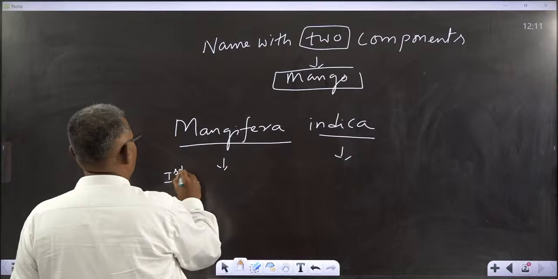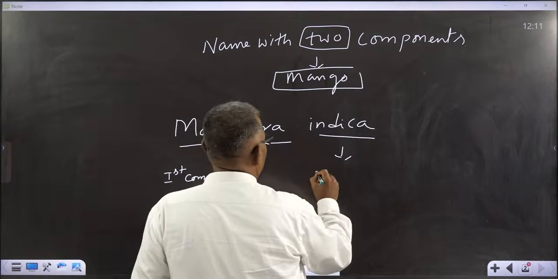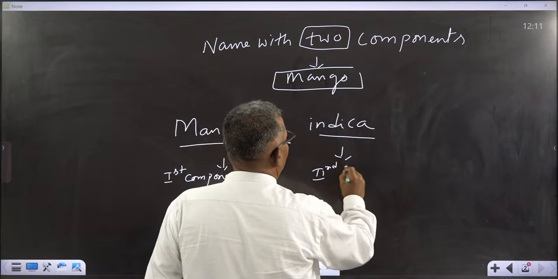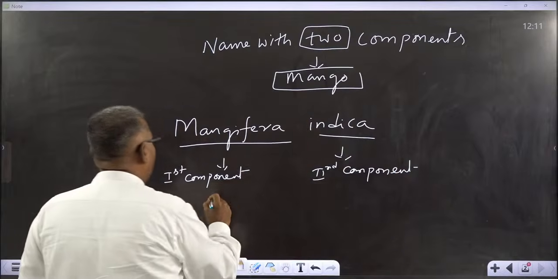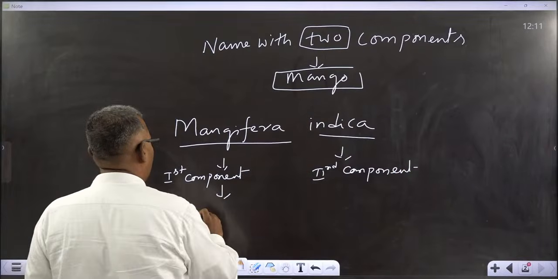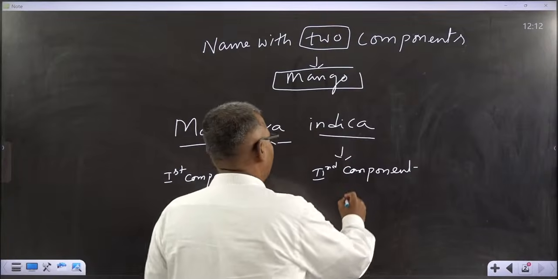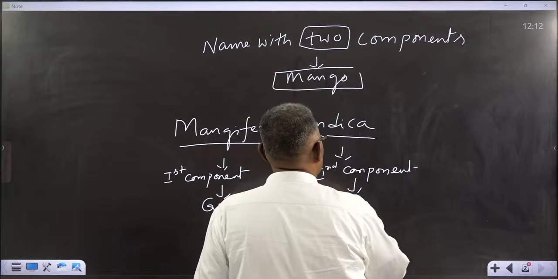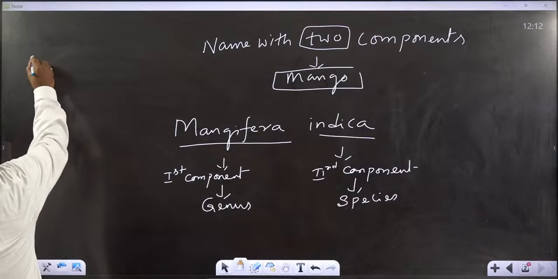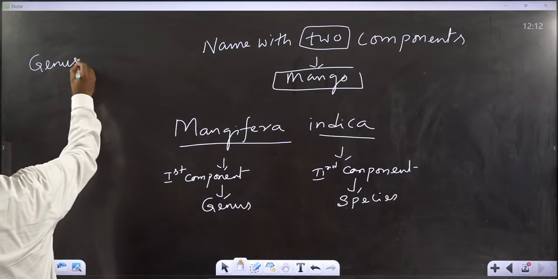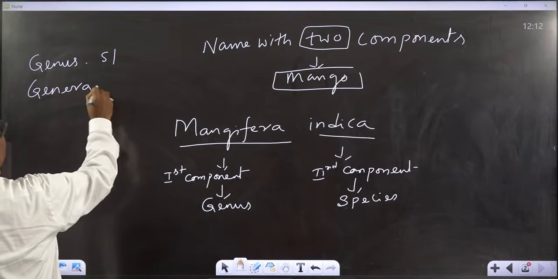This is first component and this is second component. The first component is also called genus and the second component is called species. Remember, genus is singular, genera is plural.